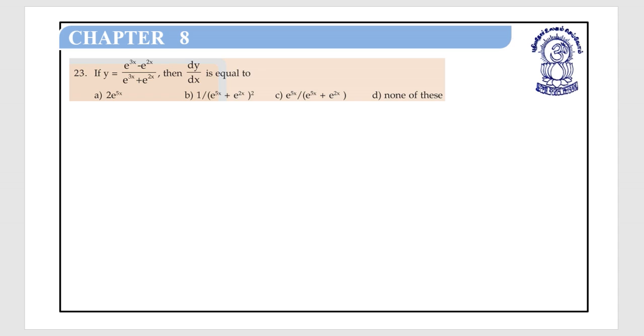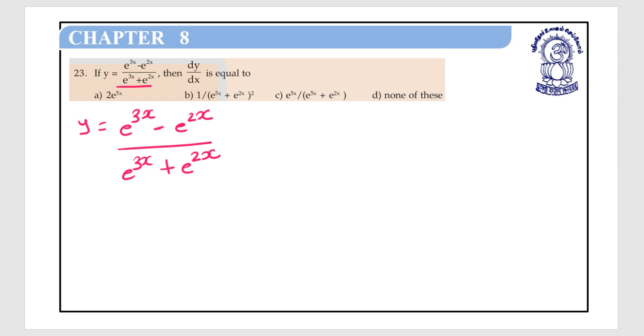Now question number 23. Here if y is equal to e raised to 3x minus e raised to 2x upon e raised to 3x plus e raised to 2x, then dy by dx is equal to. y is equal to e raised to 3x minus e raised to 2x upon e raised to 3x plus e raised to 2x, given.